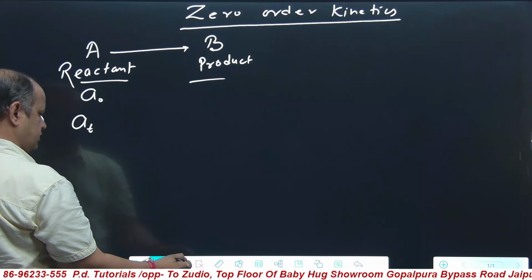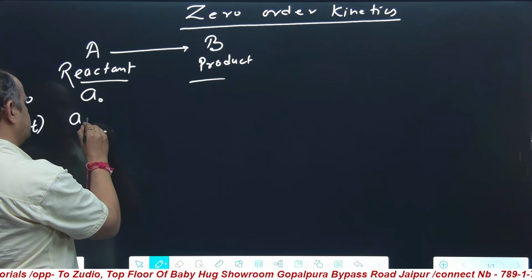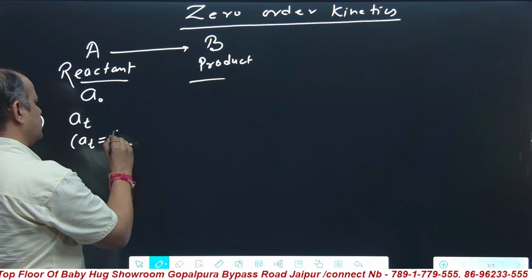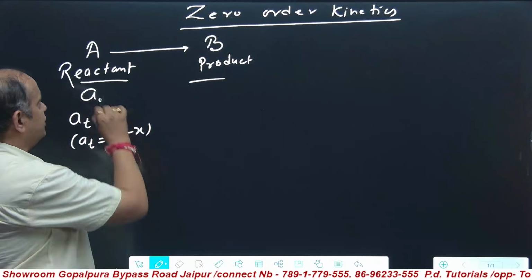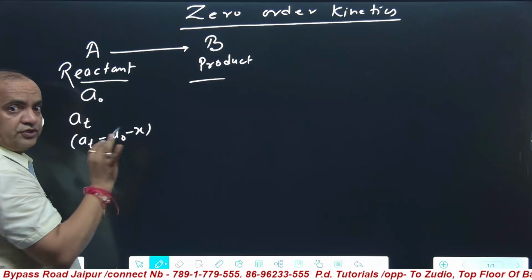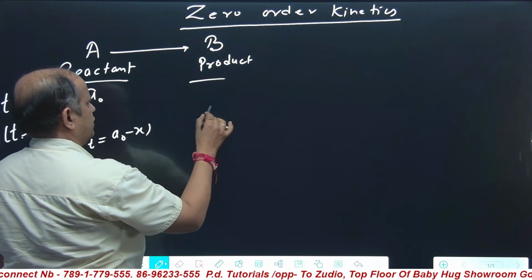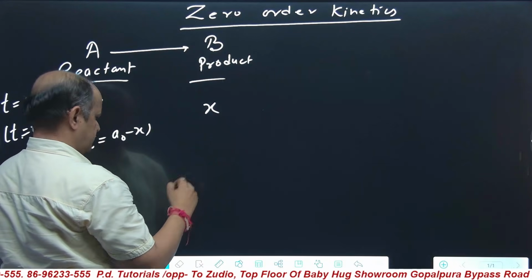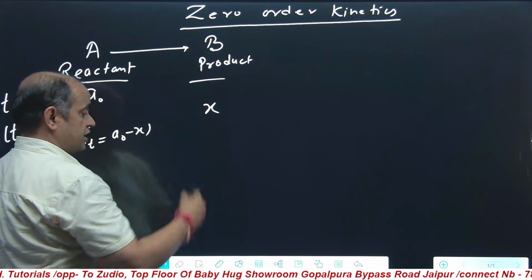This At can be written as A naught minus x. If here we take 2A, then it will be 2x. If we take 3A, then it will be 3x. Okay? Now the amount formed equals x, so Bt equals x, because the coefficient is 1.